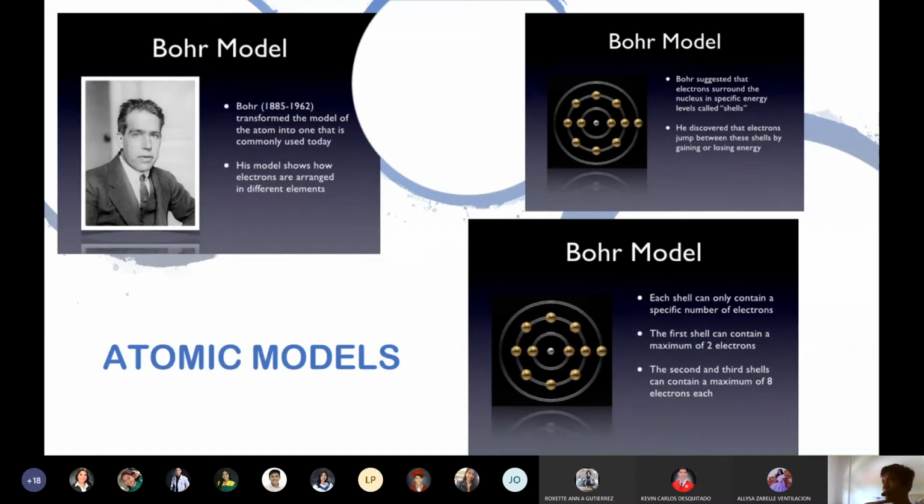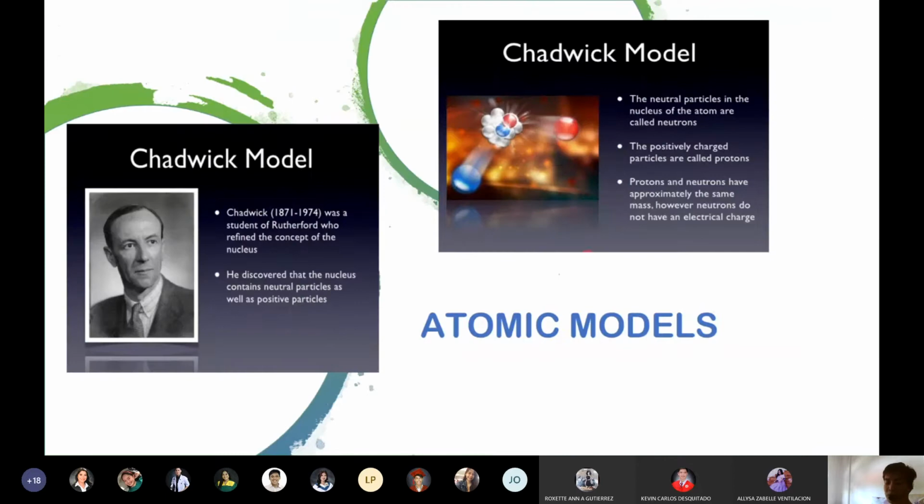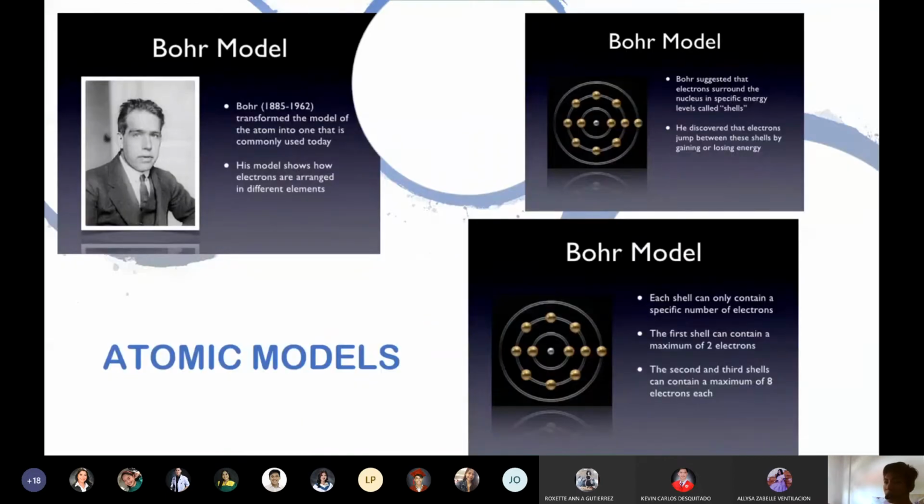So the previous models kasi failed to describe certain phenomena such as why atoms emit certain wavelengths of light. So he used this orbital model, the planetary model, to describe that each electron contains different energies, and if they jump from one energy level to another, they emit light.